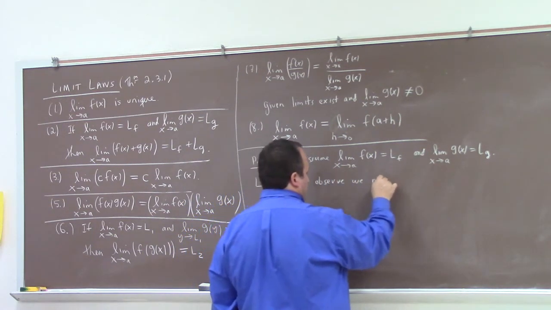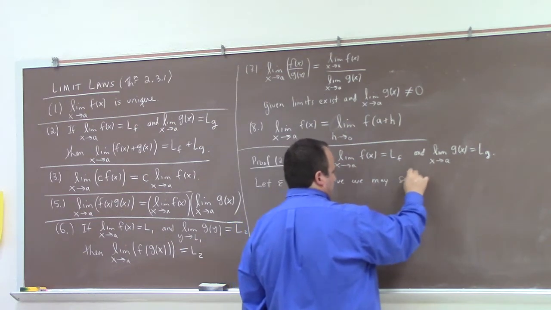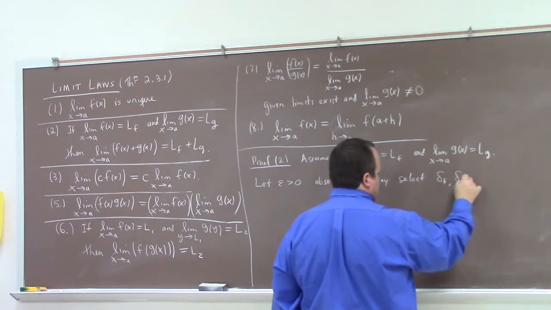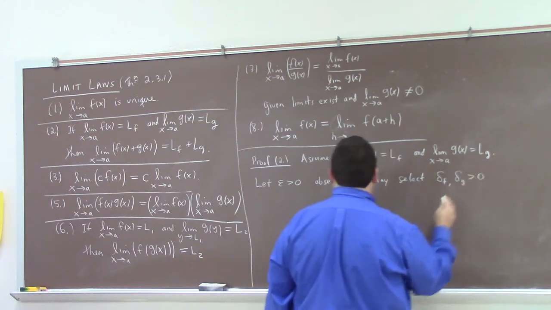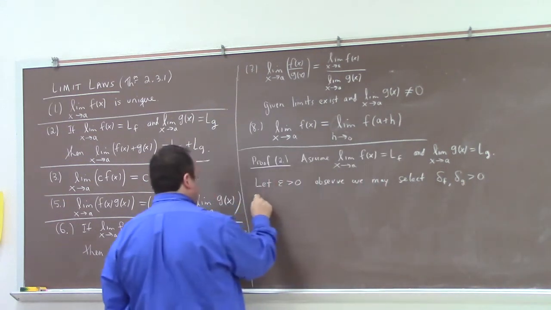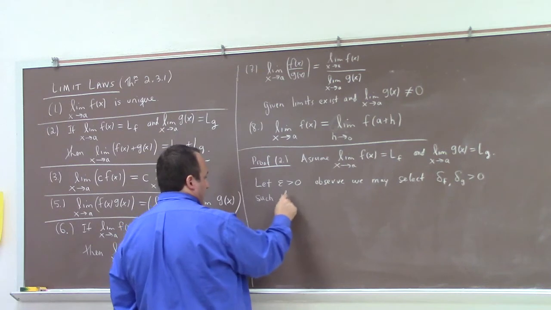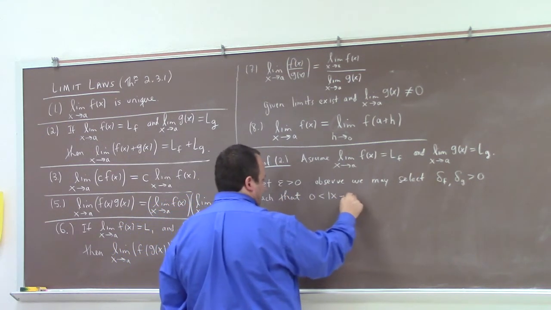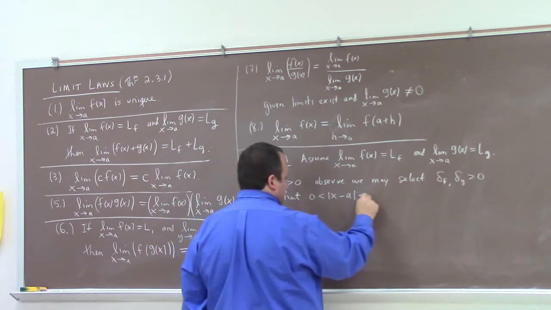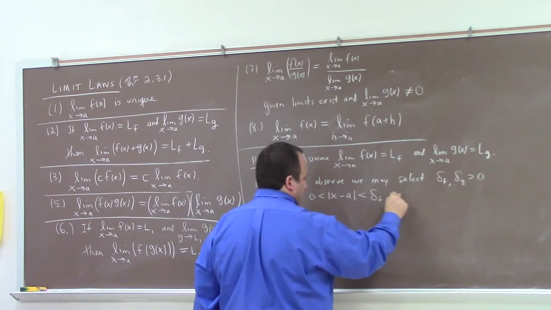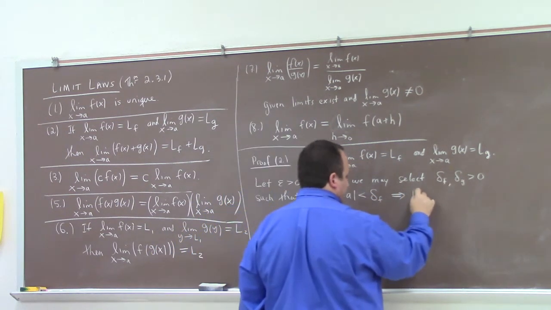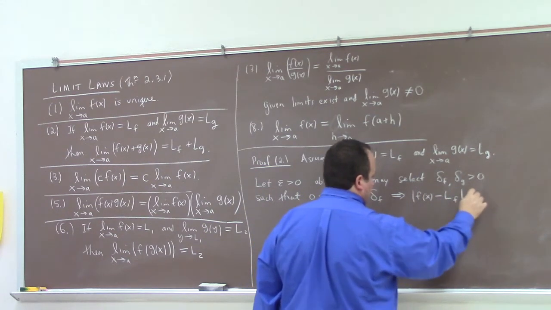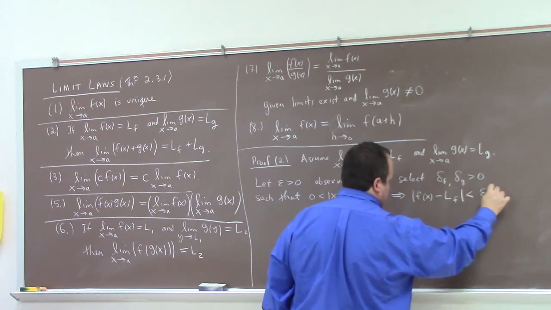we may select delta sub f and delta sub g greater than 0 such that 0 less than absolute value of x minus a less than delta f implies the absolute value of f of x minus L sub f is less than epsilon over 2.